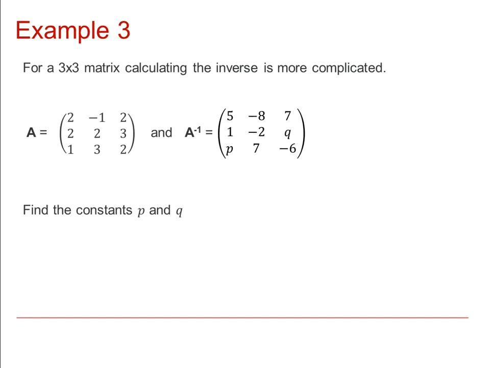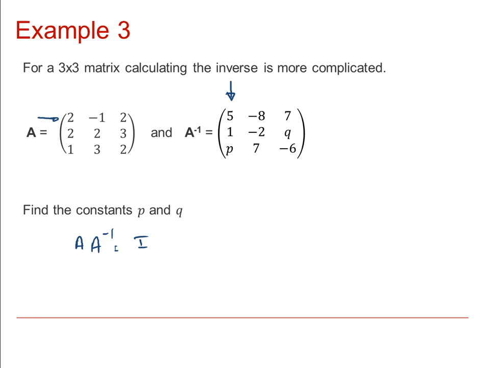Here's a question that we can answer without necessarily being able to find A inverse directly, so we can just use our knowledge of matrices. We know that if we have A and A inverse, multiplying them together gives the identity matrix, and therefore we can look at the first row of A and the first column of the inverse, which will include p.